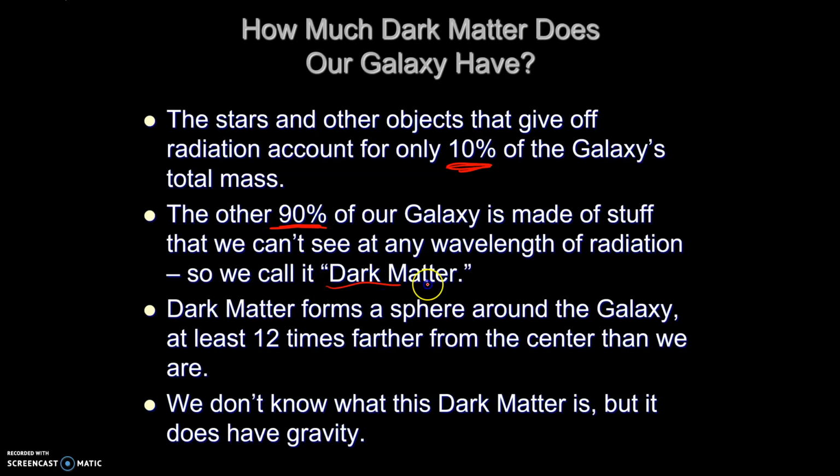So we call this stuff that does not give off any radiation dark matter. Dark matter forms a sphere around our galaxy at least 12 times farther from the center than we are. That's a really great distance away. We don't know what dark matter is, but we know that it has gravity because we see those effects in orbits and things like that.